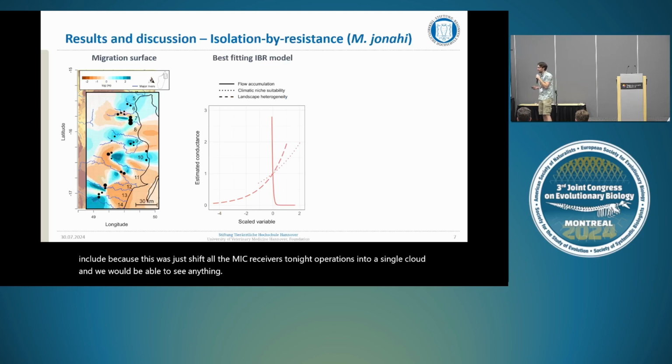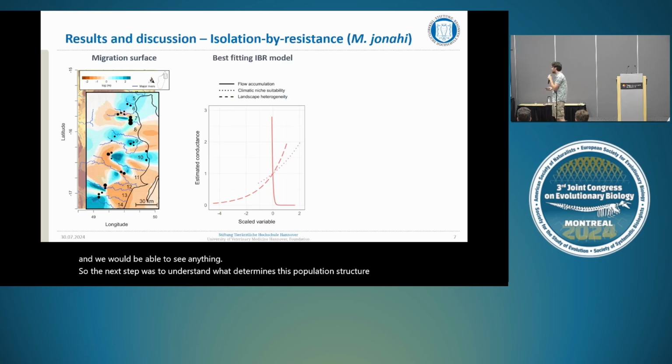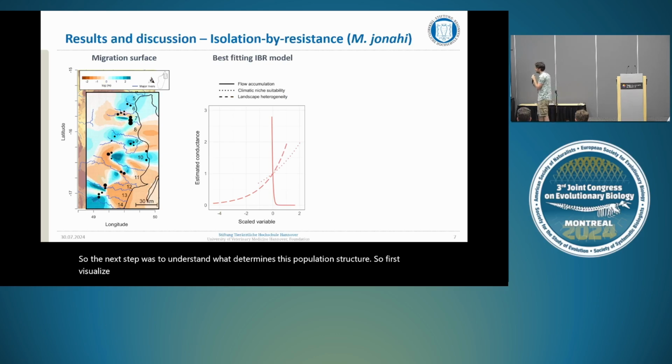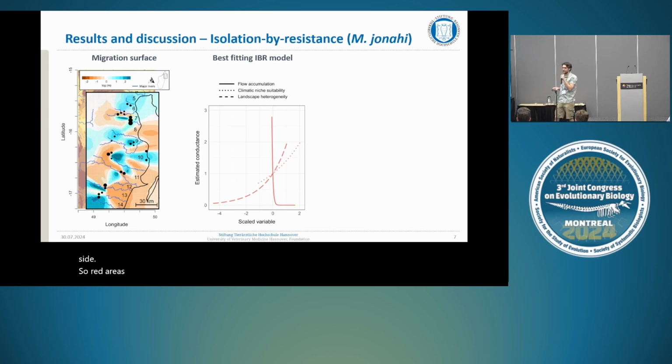So the next step was to understand what determines this population structure. We first visualized deviations from a simple model of isolation by distance, which is the map on the left side. Red areas indicate higher genetic distances than what we would expect from an IBD model.